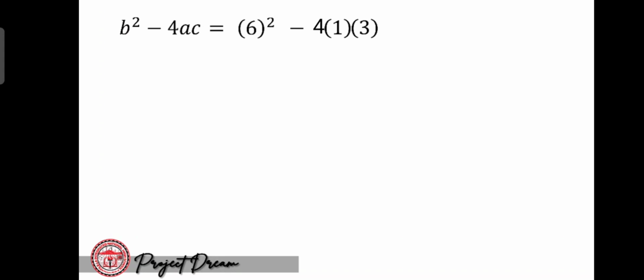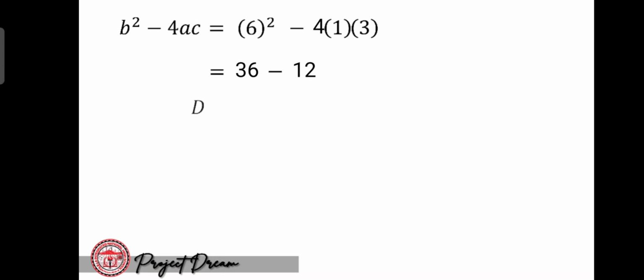Next, let us simplify. It is equal to 36 because that is 6 times 6. And then, copy the operation, which is subtraction. And then, simplify 4 times 1 times 3, it becomes 12. Therefore, we have 36 minus 12.